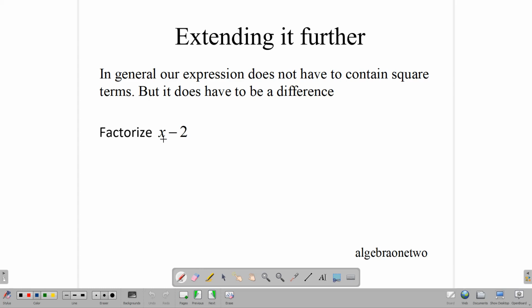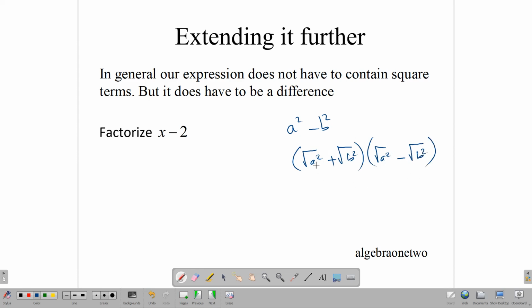And so if we have x minus 2, and we want to factorize it, then we're going to follow the idea. So if we have a squared minus b squared, and we want to factorize it, then what we do is that we take the square root of a squared plus the square root of b squared, and also the square root of a squared here minus the square root of b squared.